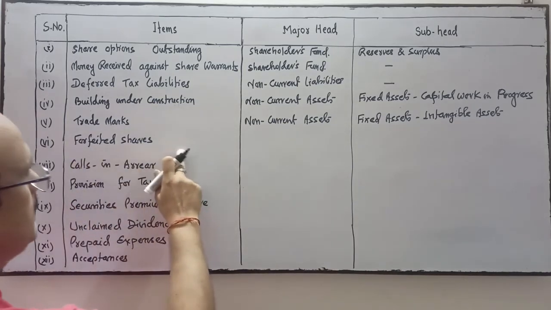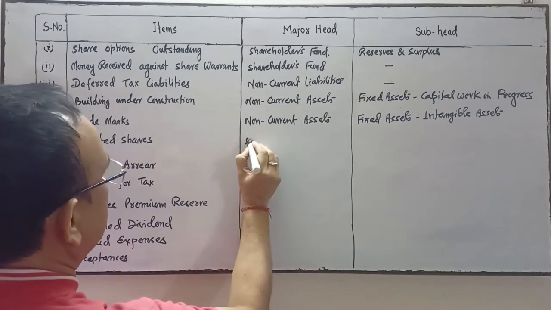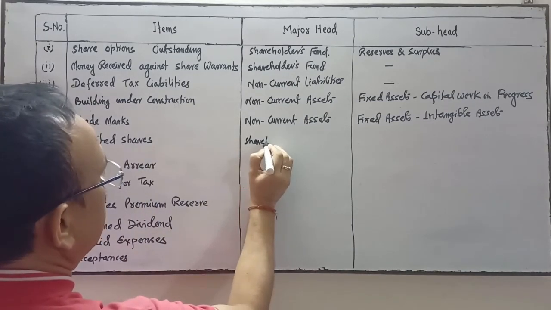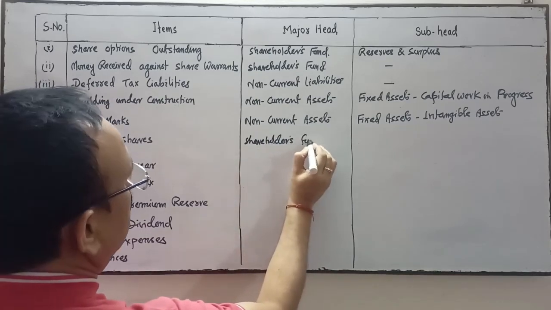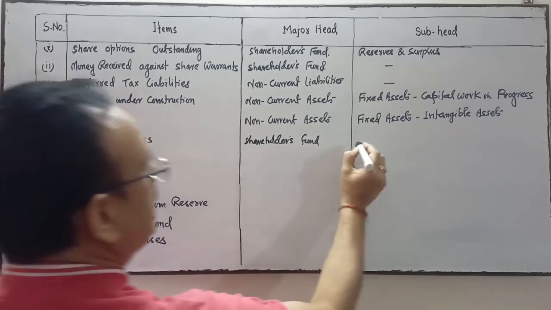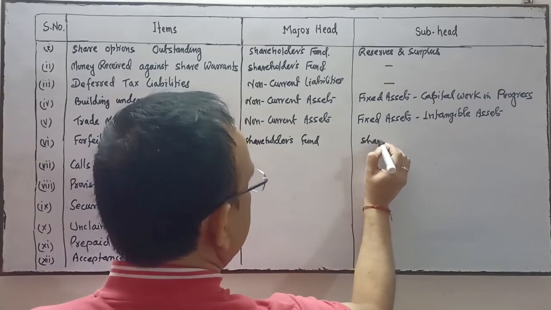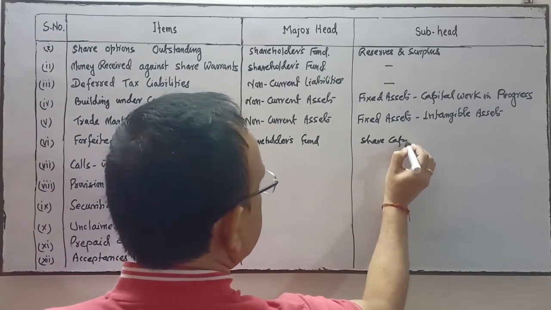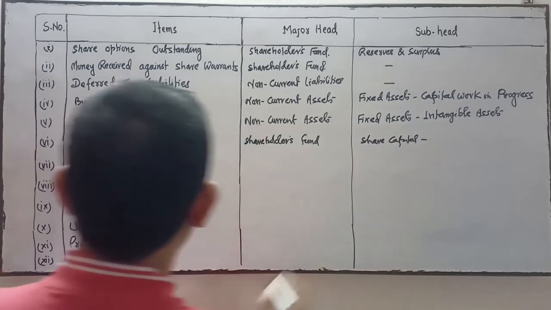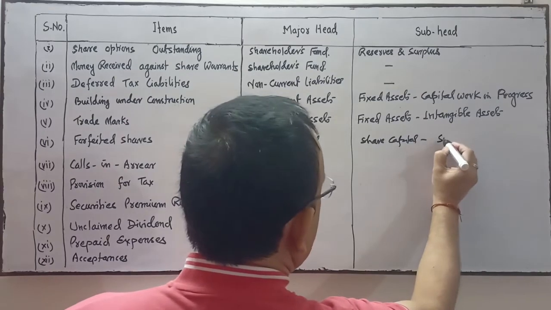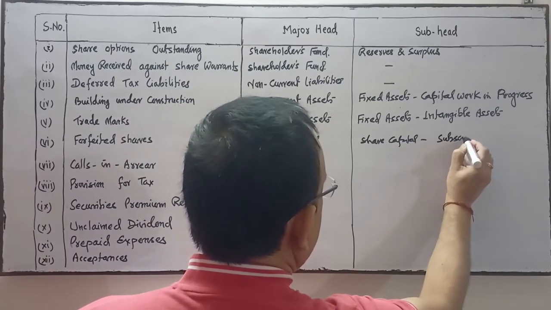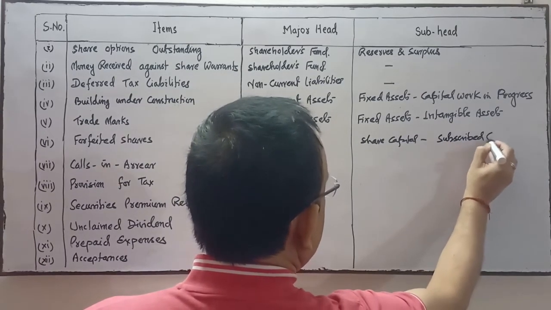Next is share forfeited. Share forfeited comes under the shareholders fund. Under it, share capital. Under the share capital, share forfeited comes under the subscribed capital.